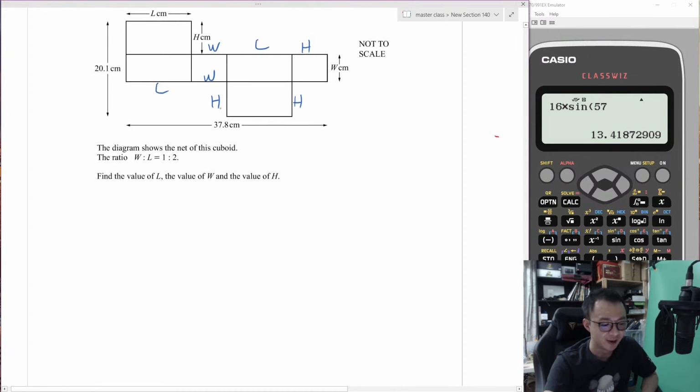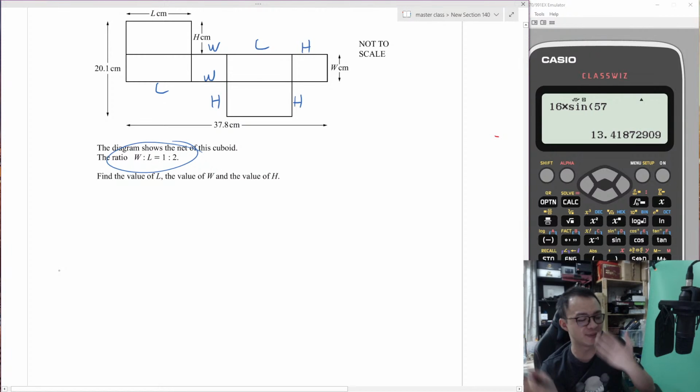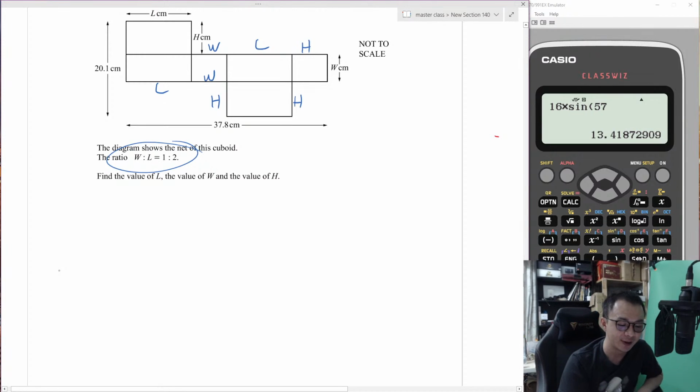Okay, no wonder. We need to form two equations, and then we need to use the ratio to form the third equation, and then we do some simultaneous equations here. Let's do this one first. 20.1. So it's basically H plus W plus H. So it will be 2H plus W equals to 20.1.